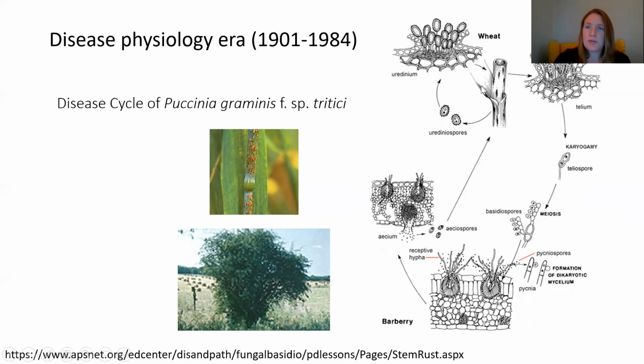We're not going to go through this in detail right now, but essentially there are different spores that it produces: one type of spore on wheat and a different type of spore on barberry. So to complete its entire life cycle and be able to develop new genetic modifications or changes, it has to go between these two hosts. And by eliminating this barberry plant, we've been pretty effective in limiting the amount of wheat stem rust that we see in some regions.